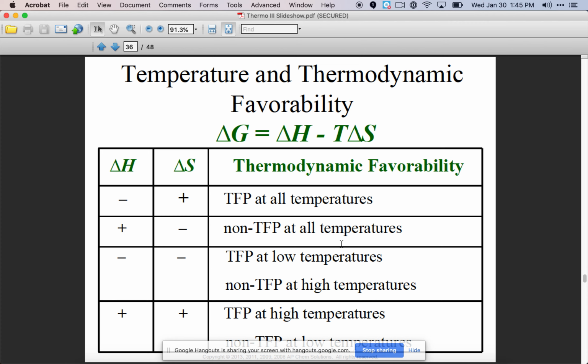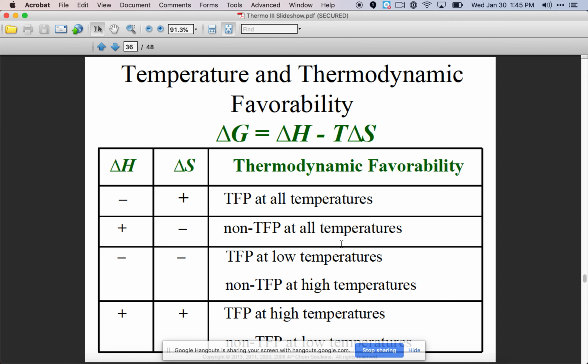All right. And then the other case, which is not so cut and dry, is the opposite, where delta H is negative and delta S is negative. Now, because delta S is small, notice that it is thermodynamically favored when T is small. Did everybody hear me? Yeah, I heard you.